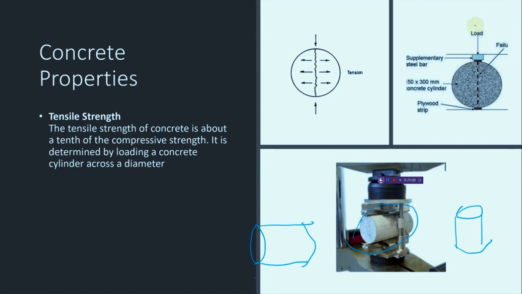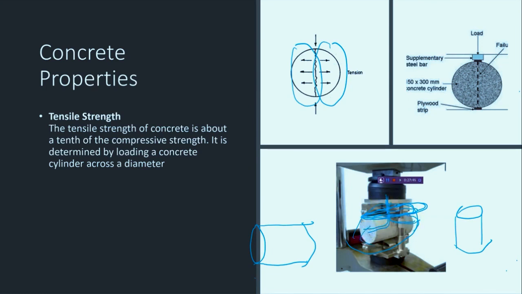If you look here, the load. Also there is a supplementary steel bar, so you can see here there is a steel bar so that the load distribution will spread throughout this area. You put load on top, so what will happen? This area will be in tension. Okay, so tension because of the load, it wants to separate. So it will be in tension.